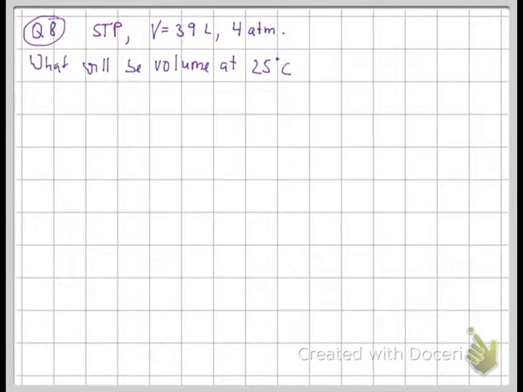So that was it. I just realized that. Okay, now on to question 8. This is a little different. I summarized it for this slide, but it says a gas has a volume of 39 liters at STP, standard temperature and pressure. What will its volume be at 4 atmospheres and 25 degrees Celsius?